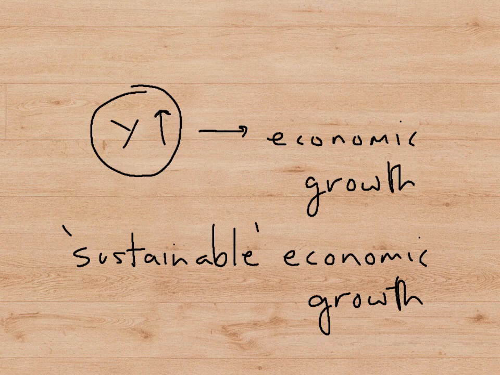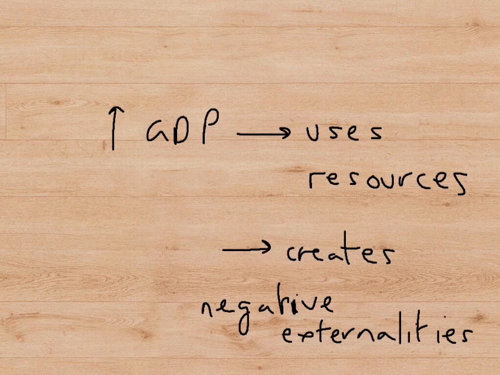Well, we know that economic growth is a rise in national income, but sustainable economic growth implies a method, a certain approach to economic growth. So we know that when we want to increase our GDP or national income, we use scarce resources. We use resources such as land, labor, capital, and enterprise.